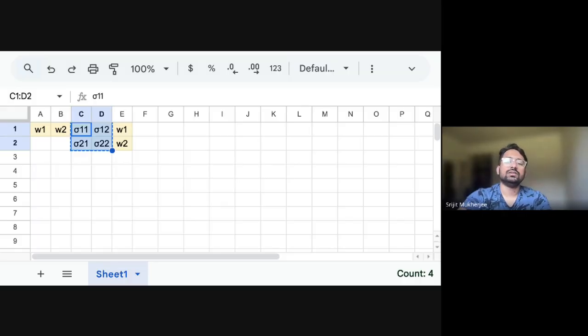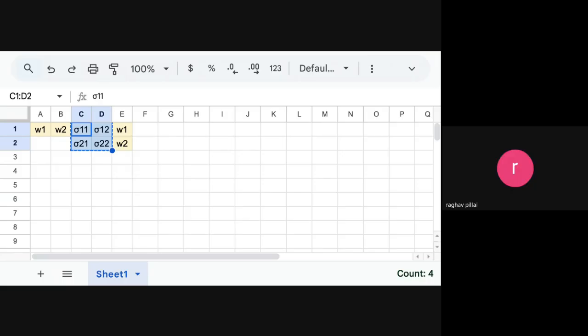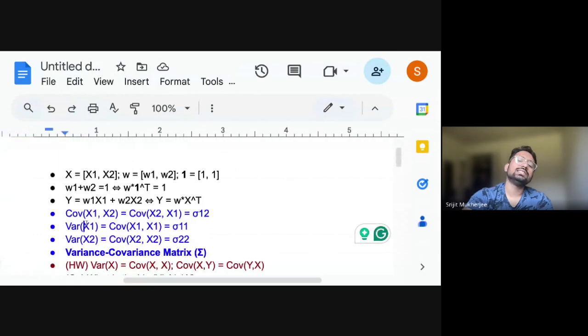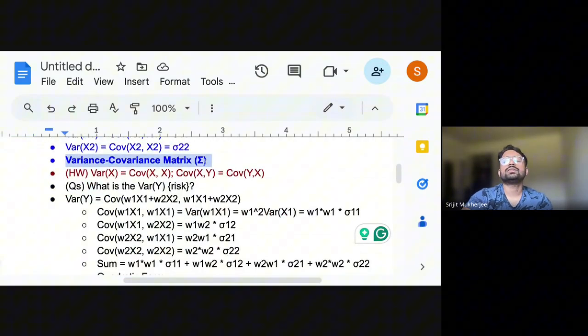This becomes redundant. So a pair of vectors, yes, Raghav. So are you writing on the Google Doc? Oh yeah, sorry. So what I'm saying is this becomes redundant. So we just define it by this matrix.